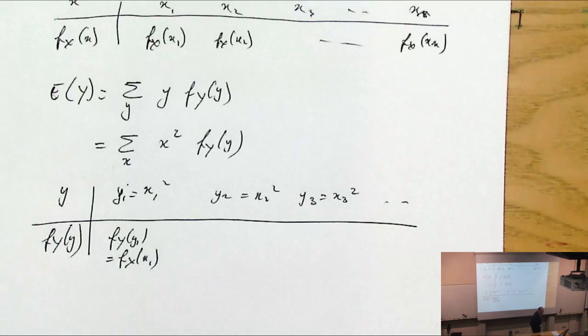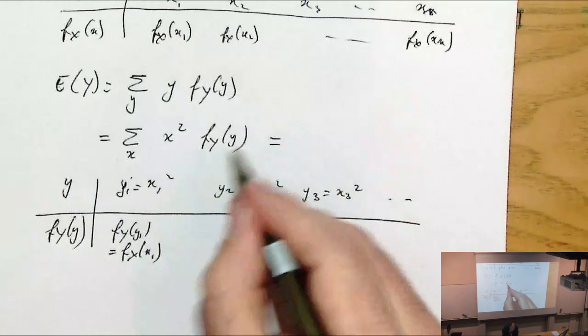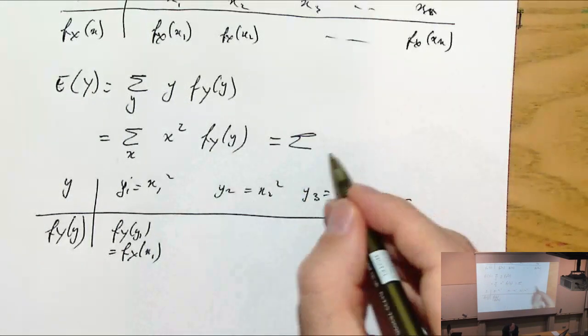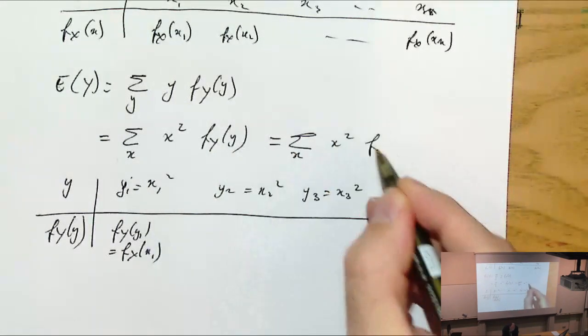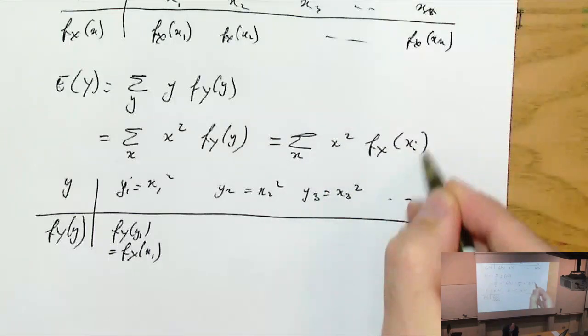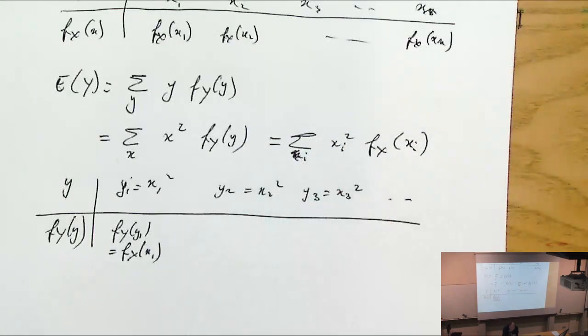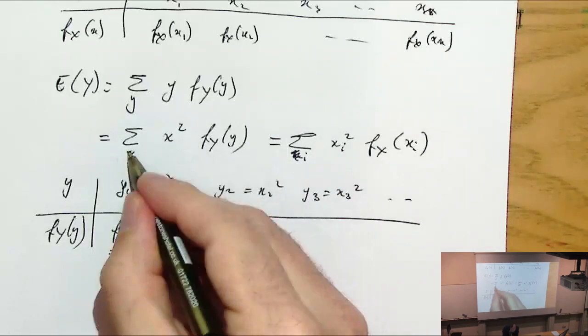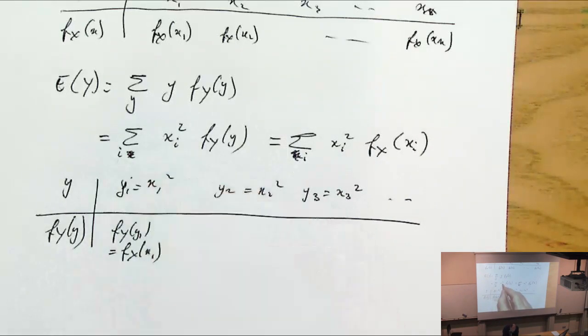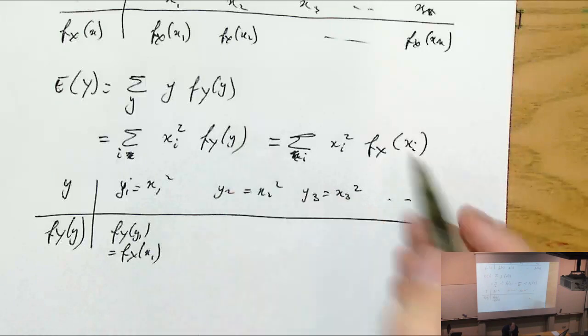Because there is a one-to-one relationship. So if x1 occurs, y1 will occur, right? So this is why you see here that this quantity is the sum over x of x squared multiplied by f of xi, over all i. So here, if I'm writing with i, I have all i, and here y is now replaced by this.